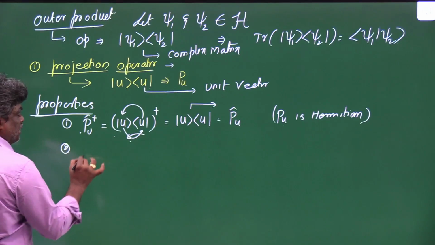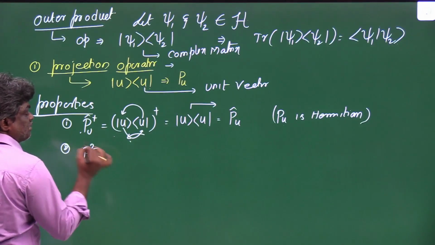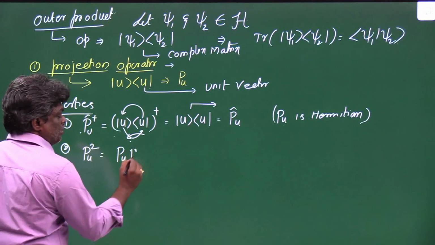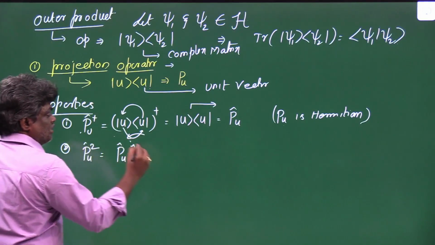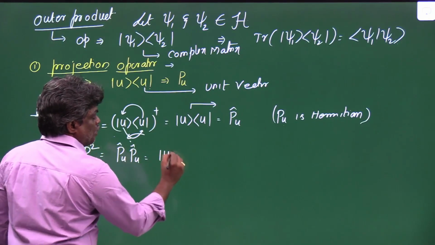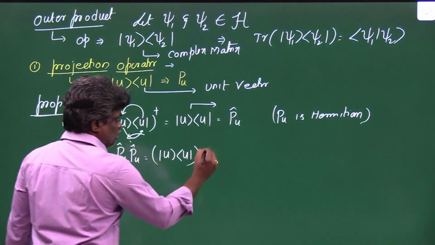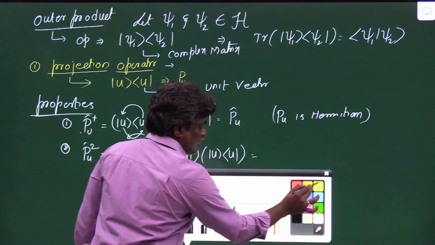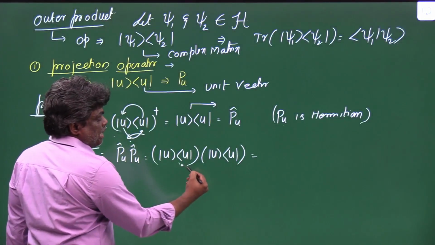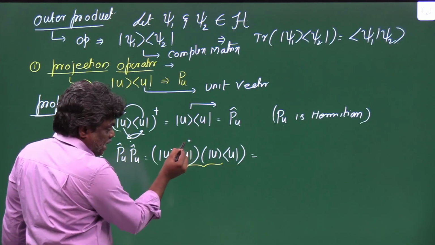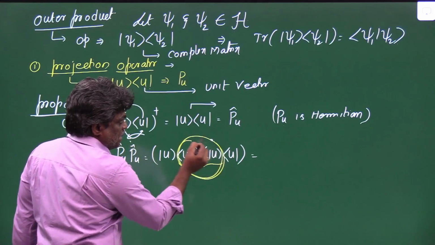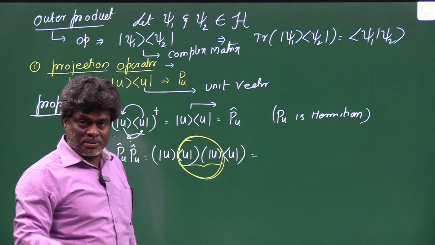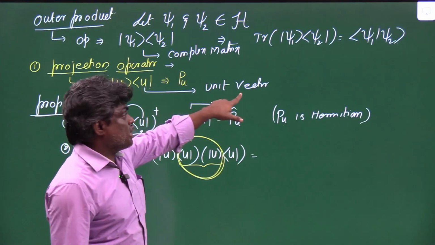Next, second property. I would like to square it. Let me check what we will get. Square means taking Pu twice, so outer product u times outer product u. Now see carefully, in the middle we have an inner product of the same vector, and I told you this must be a unit vector.